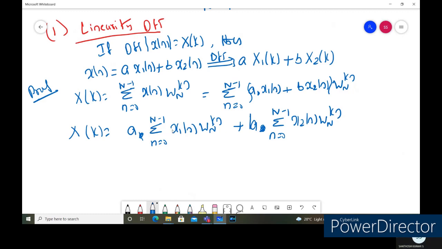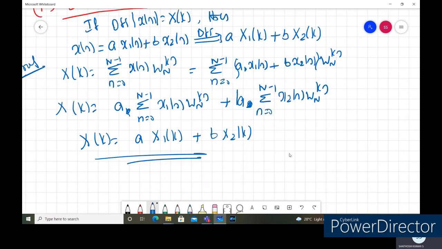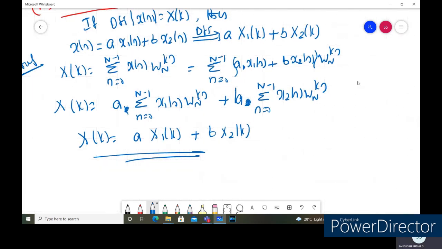Since this is the DFT formula with x1 of n and x2 of n as the inputs, we can write x of k as a into x1 of k plus b into x2 of k. So this is the linearity property. If you are given a sum of individual sequences, we can find the DFTs individually and evaluate the DFT of the corresponding terms.